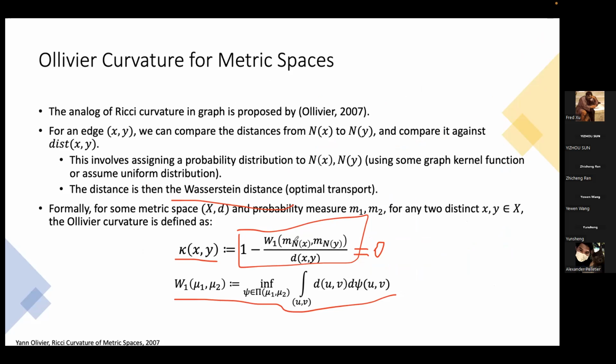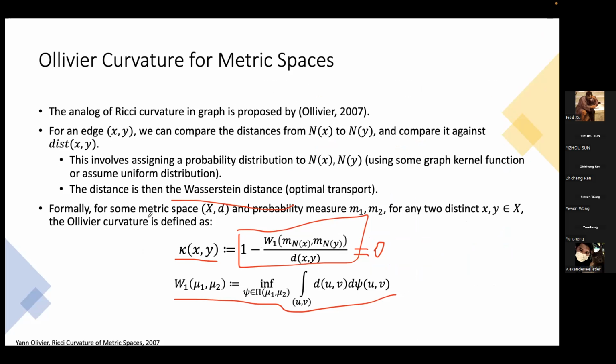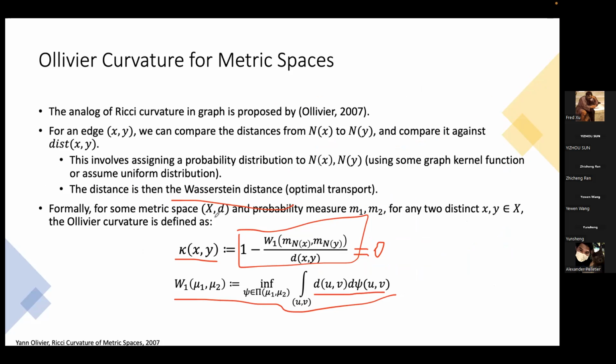Then what would be the Wasserstein distance between its neighbors? I probably don't know the range of the Wasserstein distance, because it tries to define the distance between two distributions.